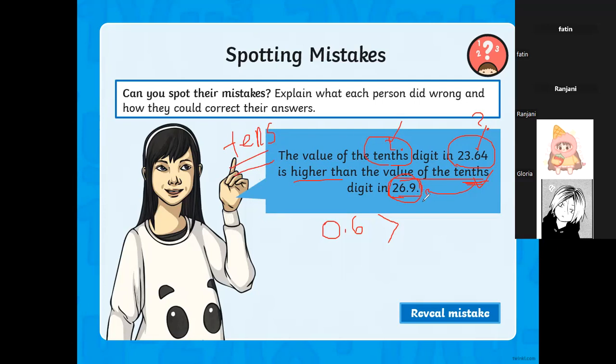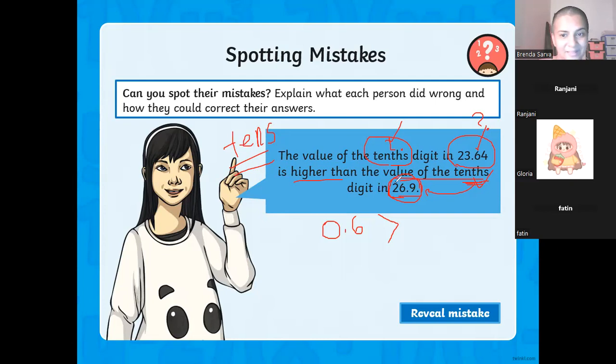So, Ranjini, which is the tens digit? Is it 2 or 6 or 9? Fatin? No. The 6 here is ones. Do you remember your place value?